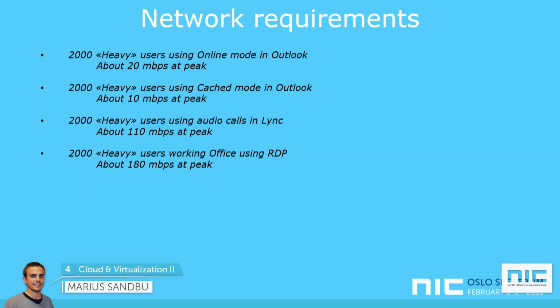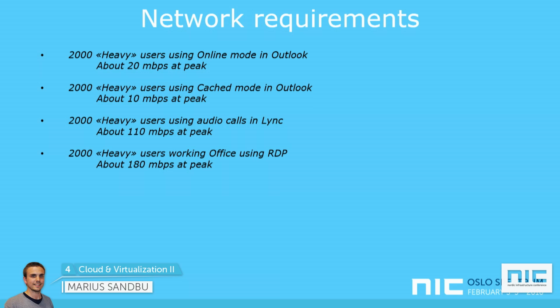But on the other hand, if we used cache mode, for instance with 3 months of cache data, so only new emails going in and out. So when a user is trying to search up an email, it goes locally on the cache file, if it's stored there. Then we can pretty much go down to 10 megabytes per second of pure network traffic going out.